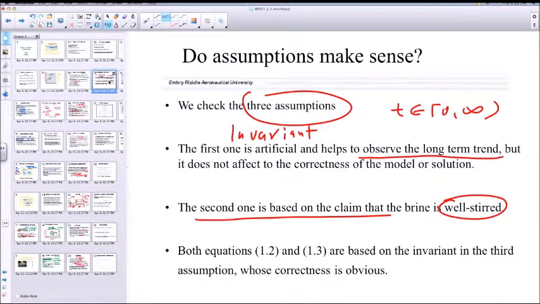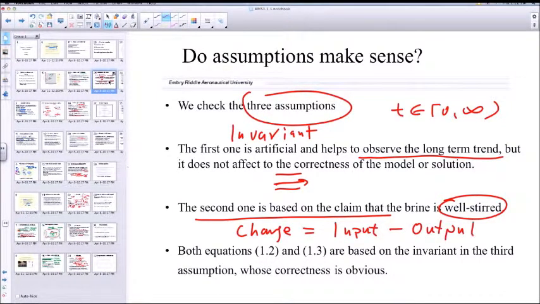It just comes from the input minus the output. The change equals input minus output. That's exactly what we call compartment analysis. So the third assumption is also justified.